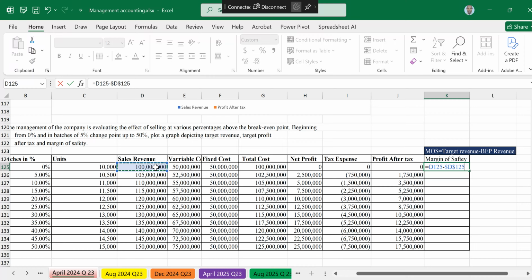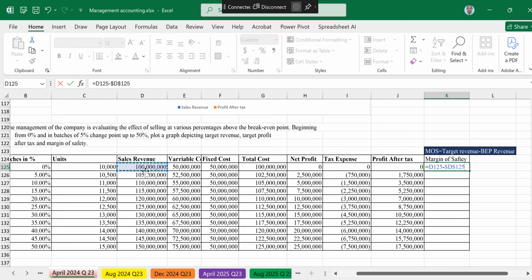So what did we do on margin of safety? Equal sign, target revenue minus BEP, and they are all here under the column for sales revenue. So you click on the revenue minus BEP revenue, which remains constant. The target one will be changing, but BEP remains the 100 million. It means again you just click the same thing, but now lock the other one. The other one will be the BEP revenue, which will be locked with absolute cell referencing.